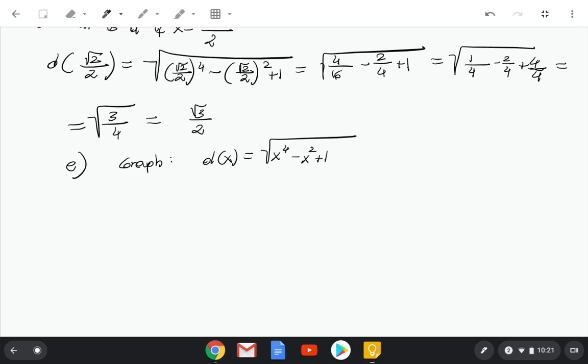So technically what you're graphing is y equal square root x to the 4 minus x squared plus 1.